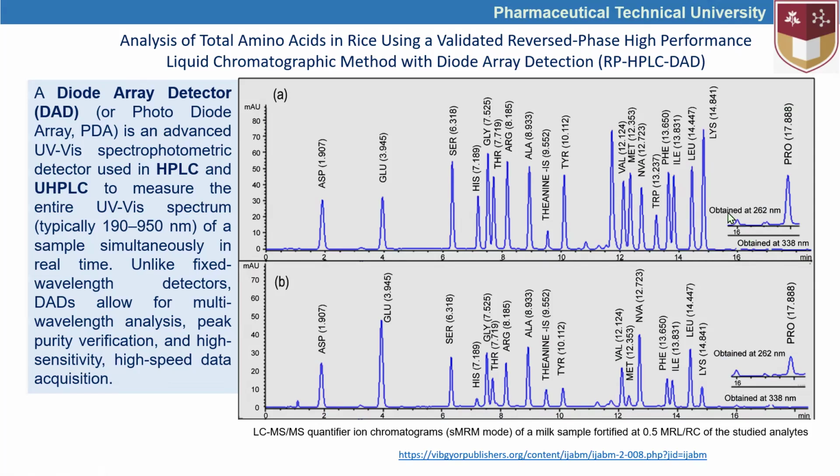Some of them were obtained at 262 nanometers, and others at 338 nanometers. So the wavelength is also very significant to see the absorbance intensity of the compounds, which can enable us to analyze them at their lower concentrations. Okay, next.